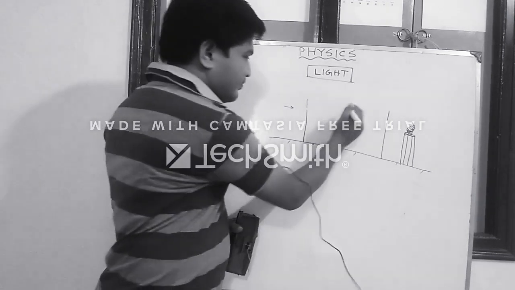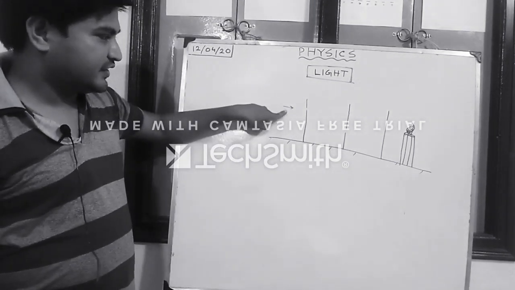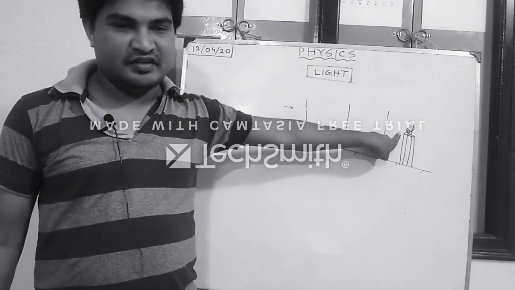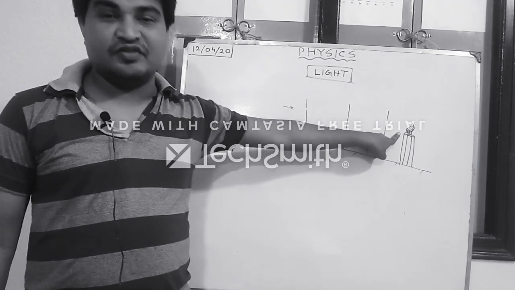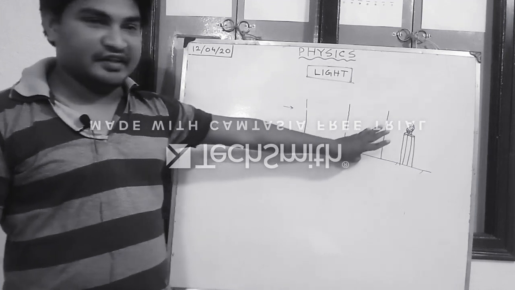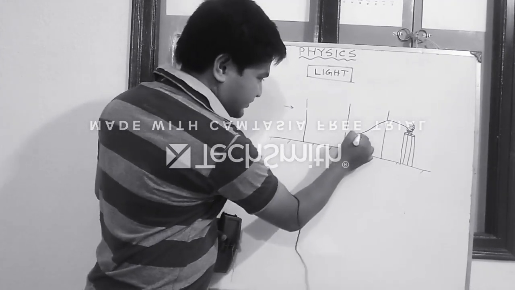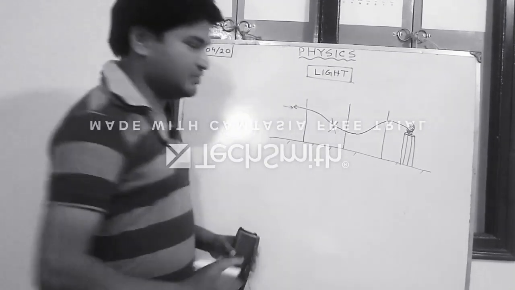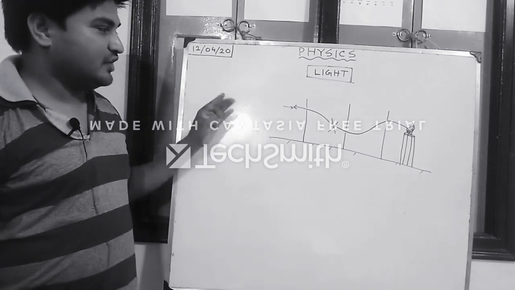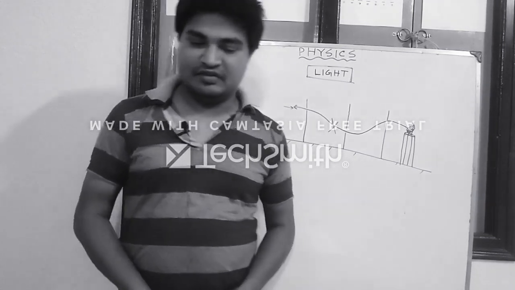But if this hole is made here, can he see the candle? I think all of you can give me the answer that for him it's not possible to see the candle, as light will not travel in this way, that it comes from here, then here, and then this. This is not possible. So light always travels in a straight line. This is the very first property of light.